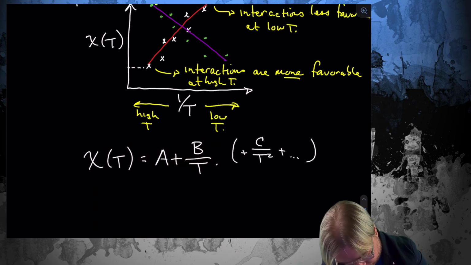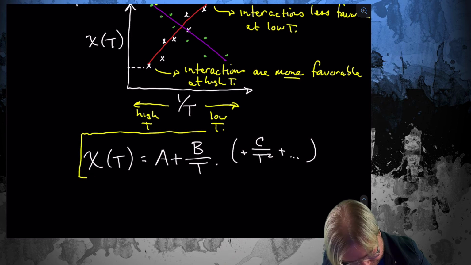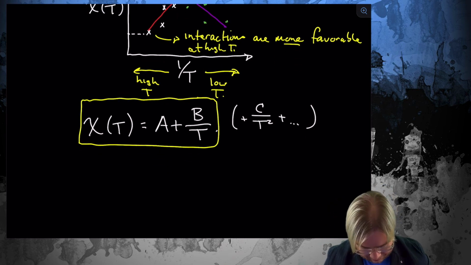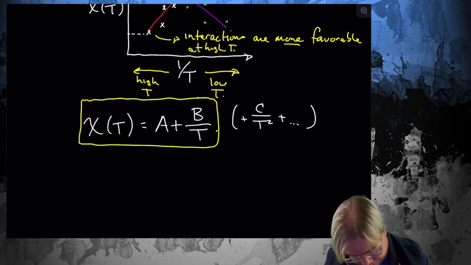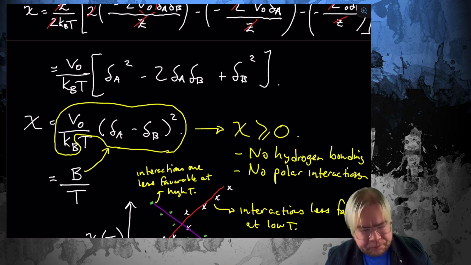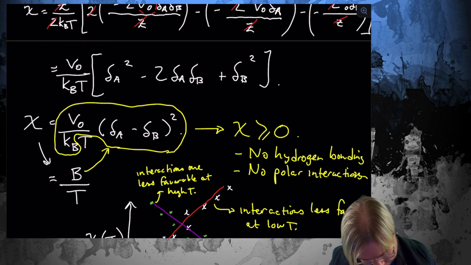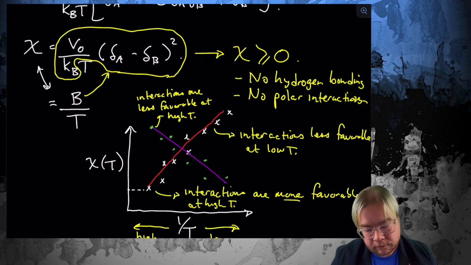But for most systems, or for a lot of systems, this expression is sufficient. And you can kind of see why this is plausible, because at least for the chi parameter in terms of the solubility parameters, we saw that we get this B over T form.